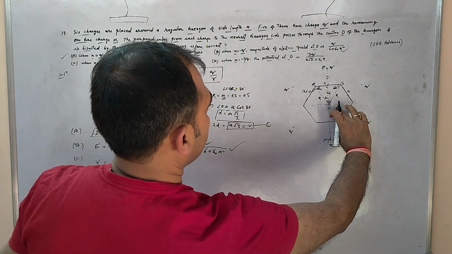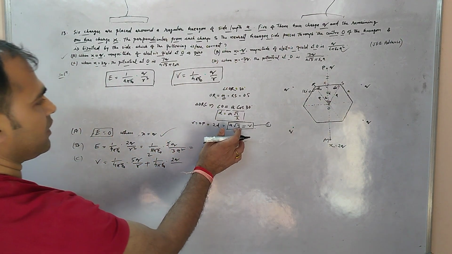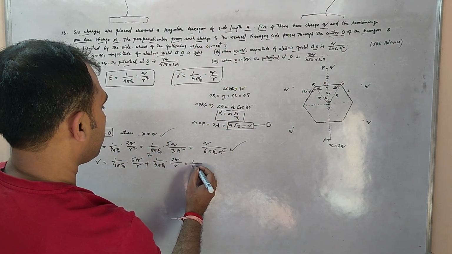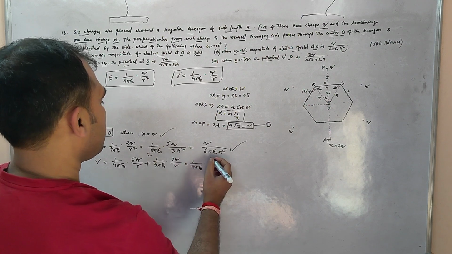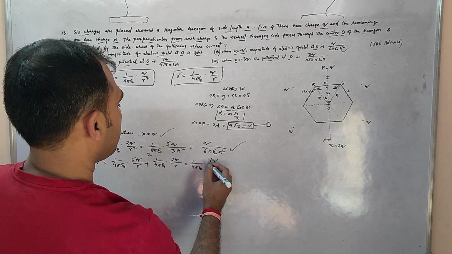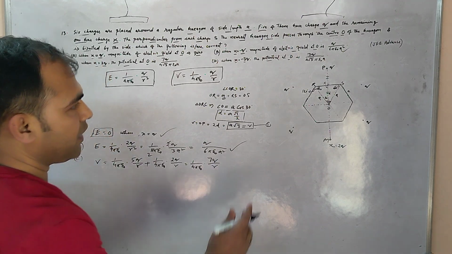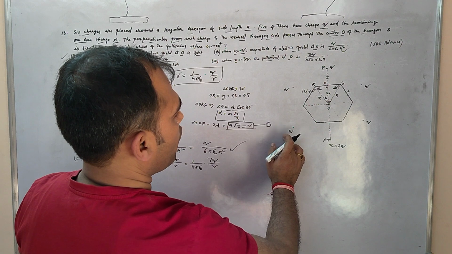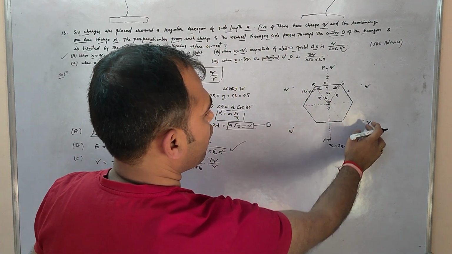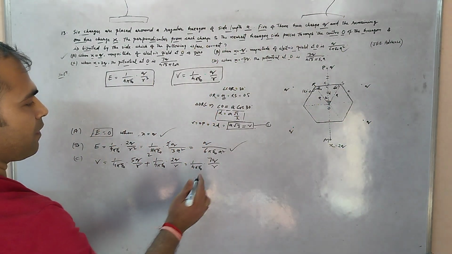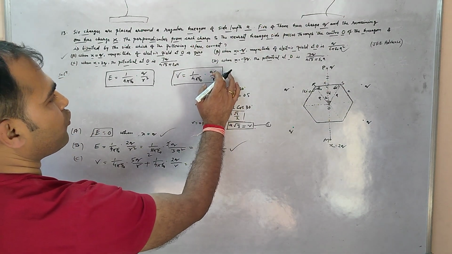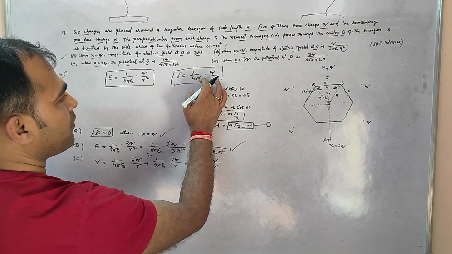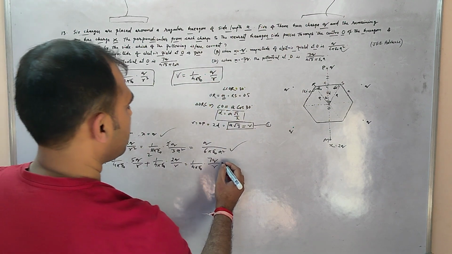Distance r is again the same. So this will become 1/4 pi epsilon naught 7q by r. We can directly add this as a positive charge. 1 2 3 4 5, 5q plus 2q, 7q, and directly can put here 1 upon 4 pi epsilon naught into 7q by r.